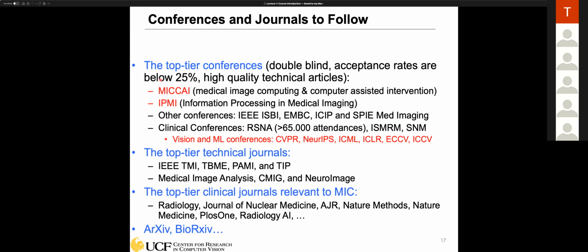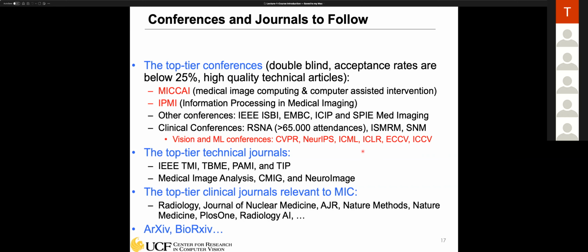The previous ones are specific to the medical image computing field. But the general conferences include CVPR, NeurIPS, ICML for machine learning, ICLR for learning representations, ECCV, the European Conference on Computer Vision, and ICCV, the International Conference on Computer Vision. You see they all have the keyword computer vision or machine learning, right?